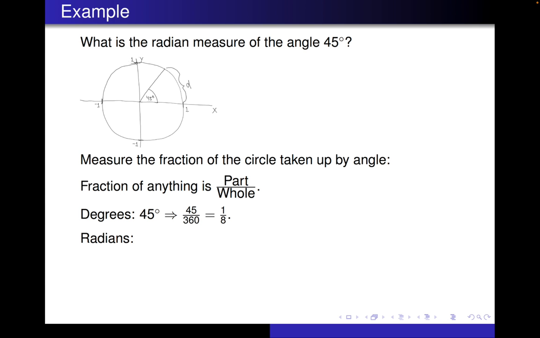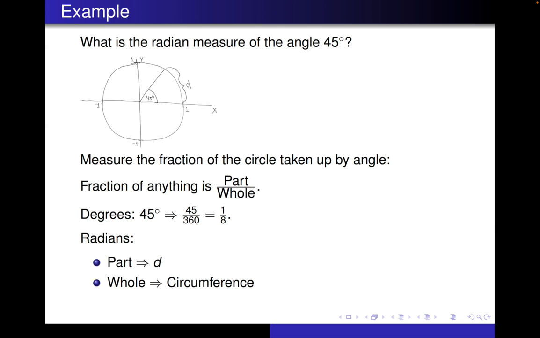Now, for the radians, the part is going to be the distance, d. That's what we're looking for, the radians. We don't know what that is yet, so right now that's an unknown quantity. For the whole, that is what happens when we go all the way around the circle, the distance going all the way around the circle. We have a word for that. That's called the circumference of the circle.